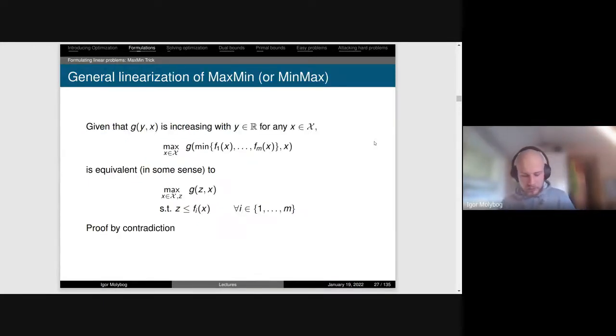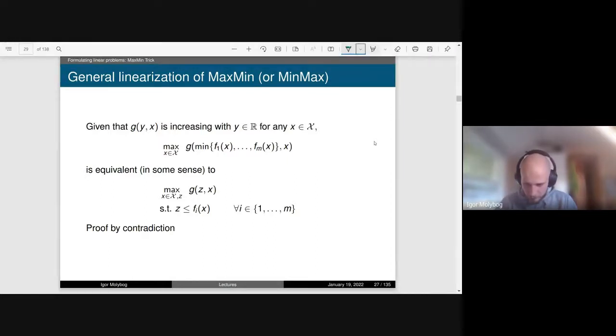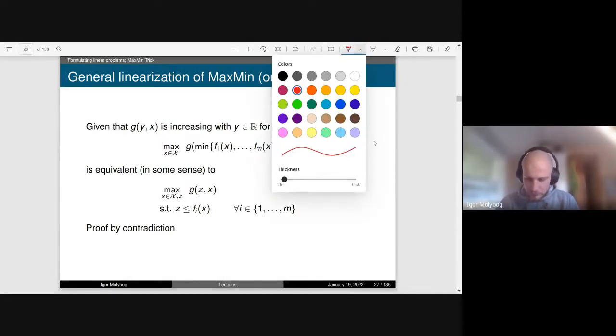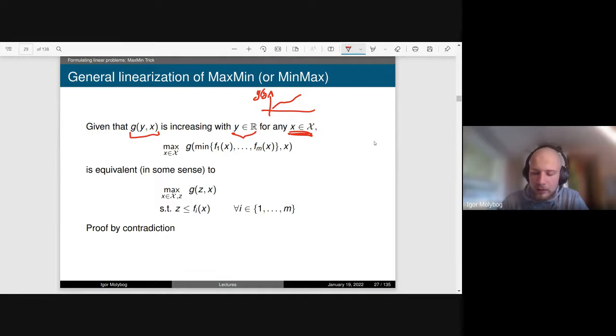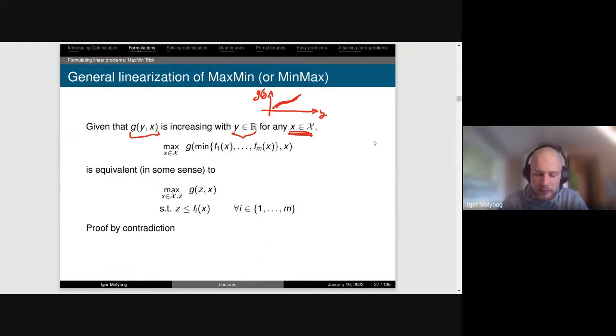Formally, if we are to write down the math, we can formulate the following statement. Given that we have a function g which is increasing in y, so for any fixed x, we are considering a function g of y, which is going to be strictly increasing.